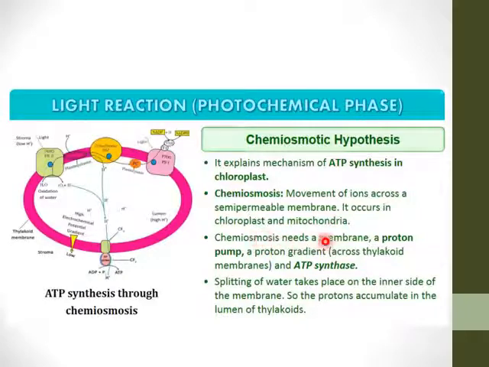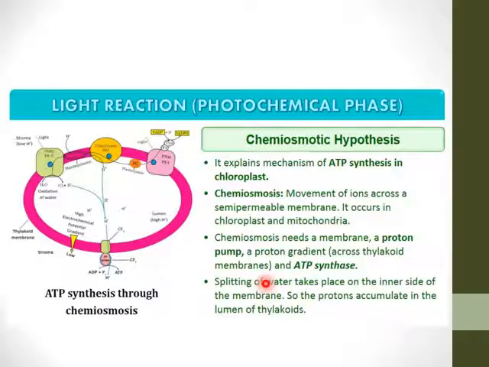Chemiosmosis needs a membrane, a proton pump, and a proton gradient across the thylakoid membrane. So this is the thylakoid and this is the membrane, and the exchange of protons across this is known as the chemiosmotic hypothesis, which helps in the formation of ATP.